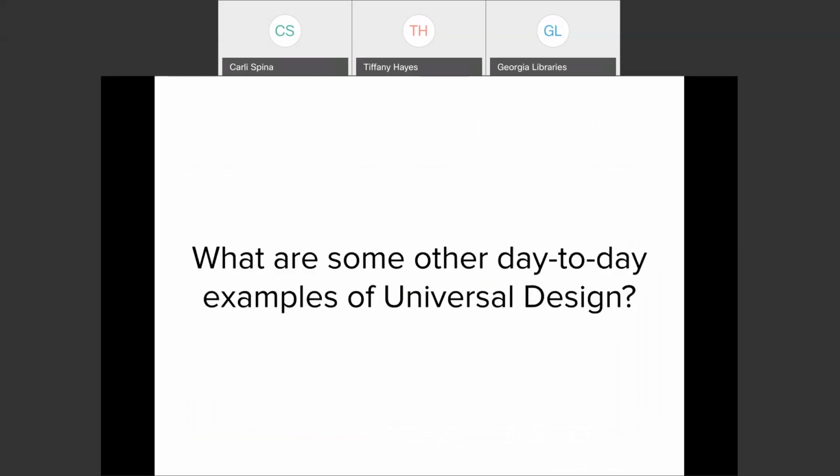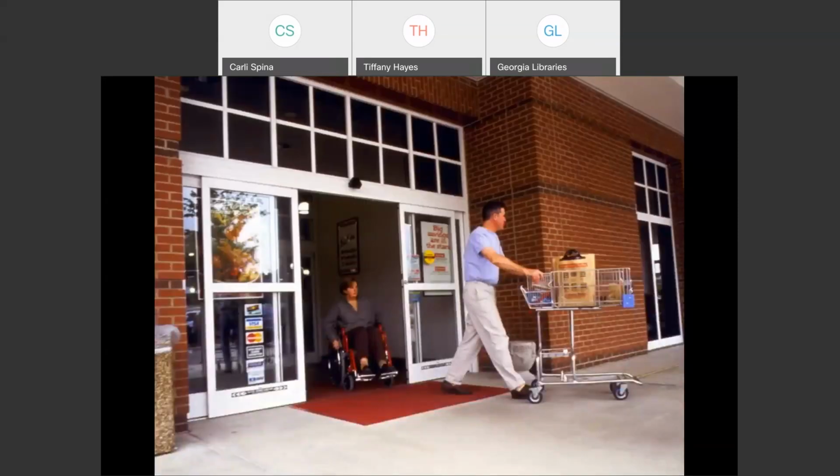Some other day-to-day examples of universal design that I'm sure most, if not all of you have seen. The automatic door. This seems like something that's just very easy to look past at this point. They're all over the place, but it's another good example of something that is universally designed. Whether you have your hands full or you're pushing a cart or you're using a wheelchair, it works equally well for everyone.